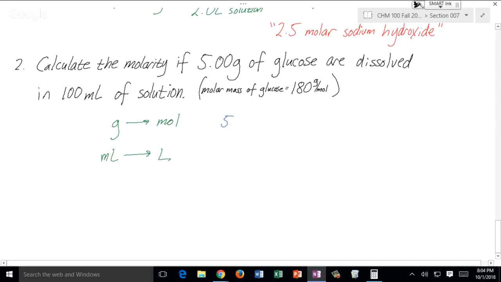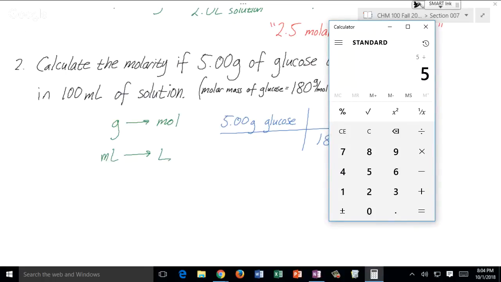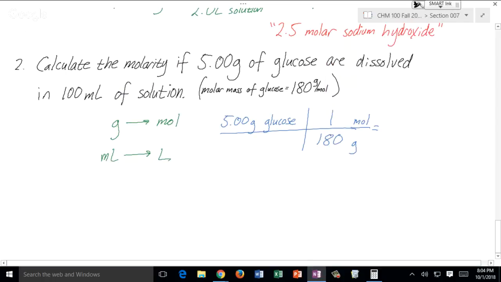So 5 grams of glucose. And we want to go from grams to moles of glucose. So that's 180 grams in 1 mole. All right, 0.0278 moles of glucose.